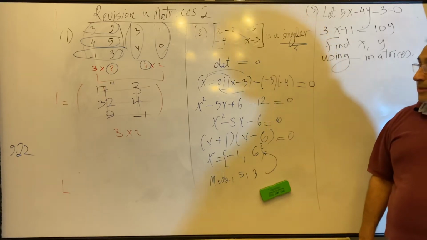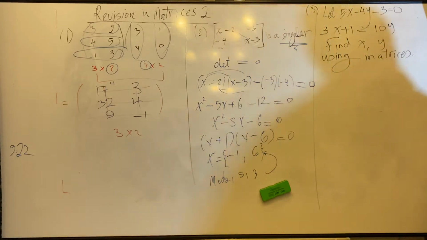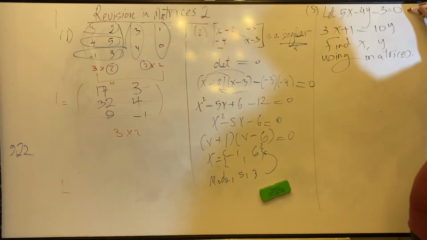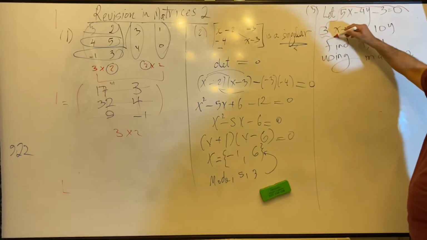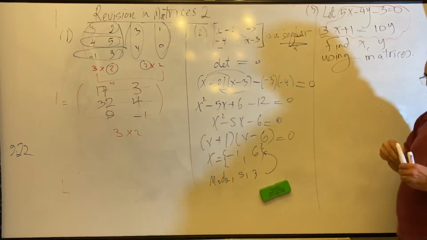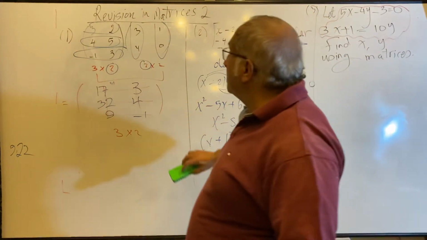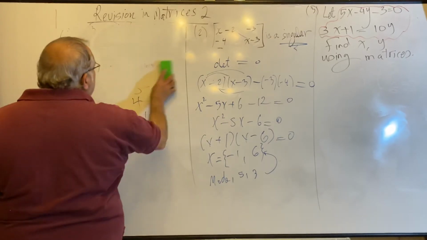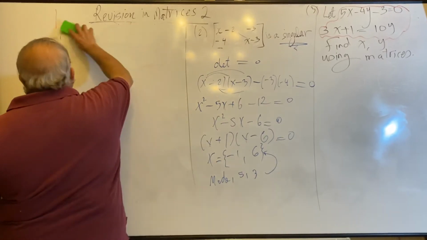All right? Look, number 3. We are having two equations. These equations are called simultaneous equations. In simultaneous equations, you can solve them in many different ways.